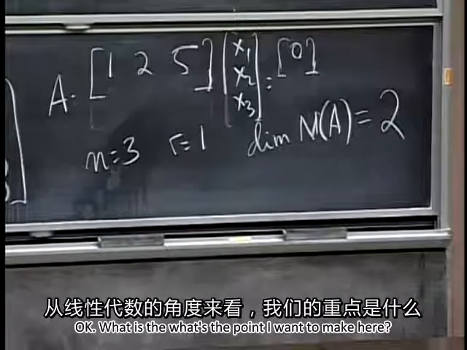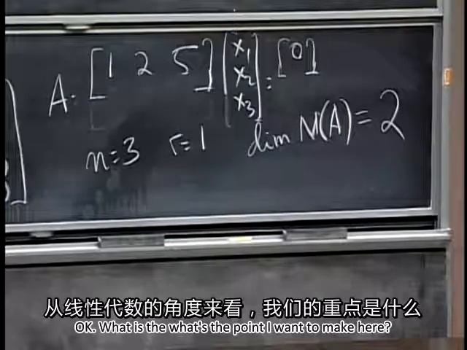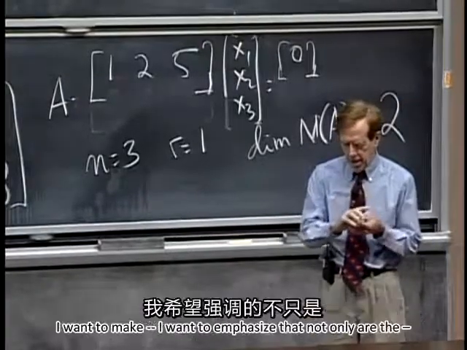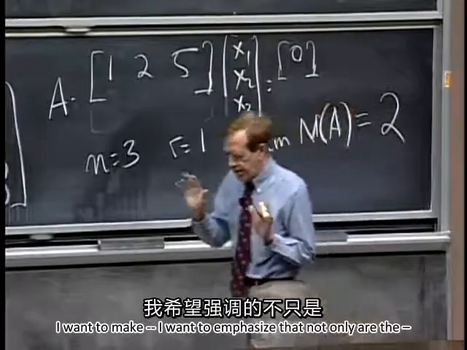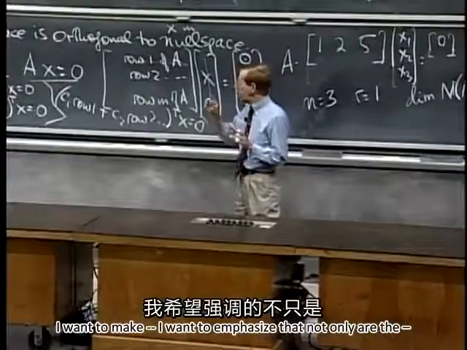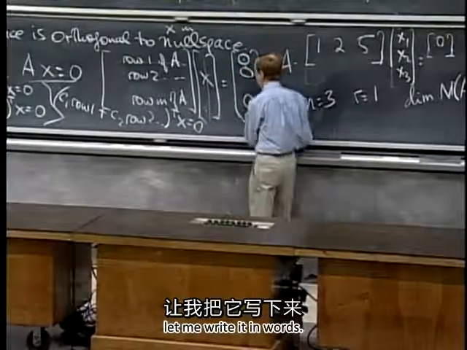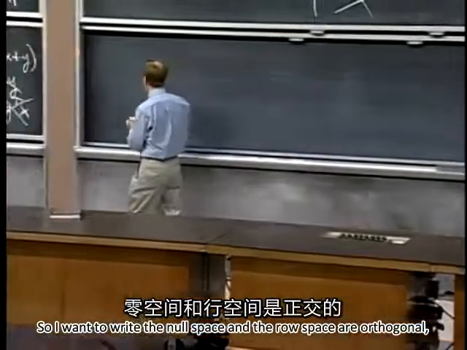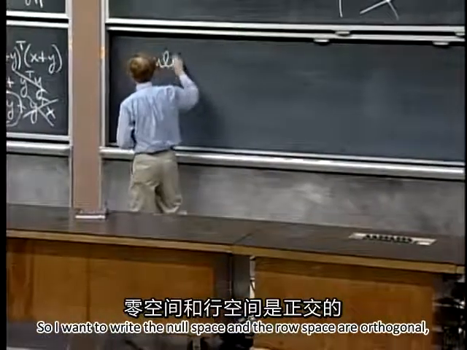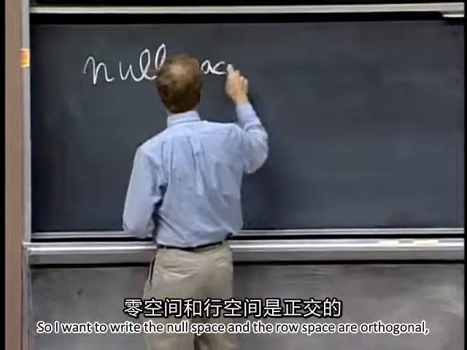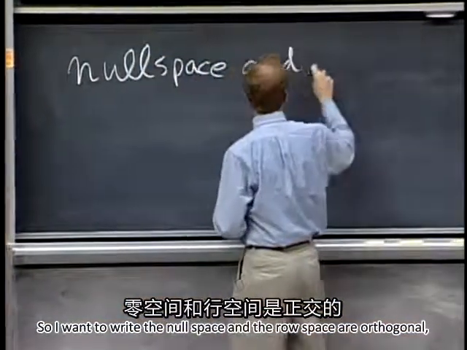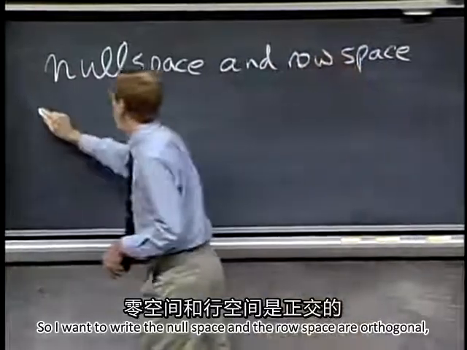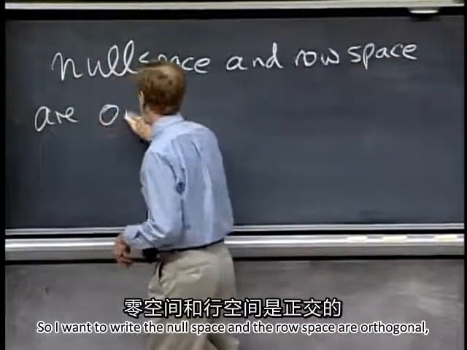So, what's the point I want to make here? I want to emphasize that not only are, let me write it in words, the null space and the row space orthogonal.